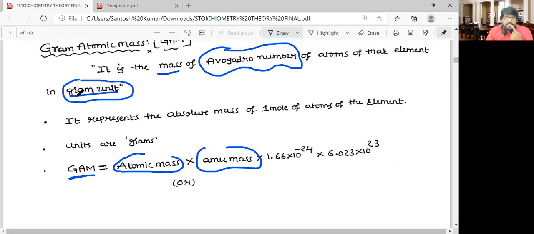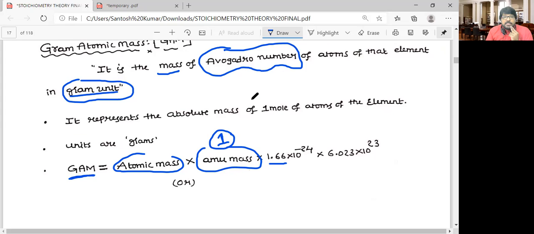And it should be expressed in which units? Grams. So AMU mass is 1, very clear. Don't be confused, because we are in IUPAC scale. AMU mass is 1. How? 1/12 part of C12 isotope, right? And this AMU is converted into grams, 1.66 into 10 power minus 24.